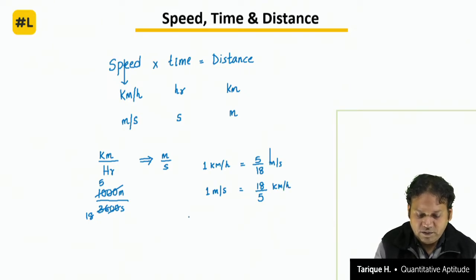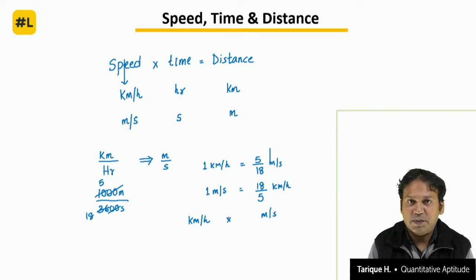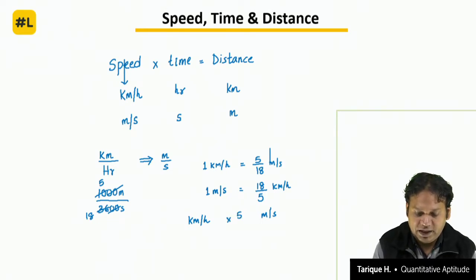That means if you want to convert speed from kilometers per hour to meters per second, you need to multiply the speed in kilometers per hour with the fraction 5 by 18, and if you want to convert from meters per second to kilometers per hour, you need to multiply with what fraction? 18 by 5.